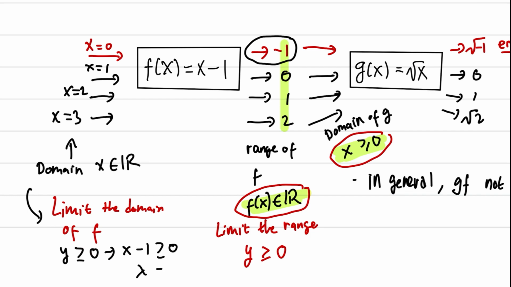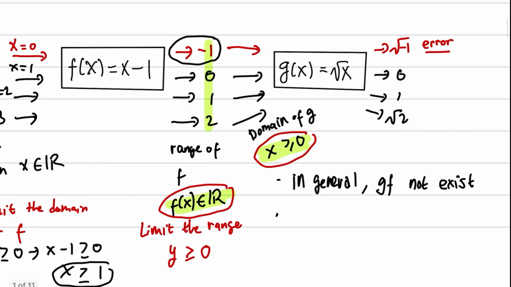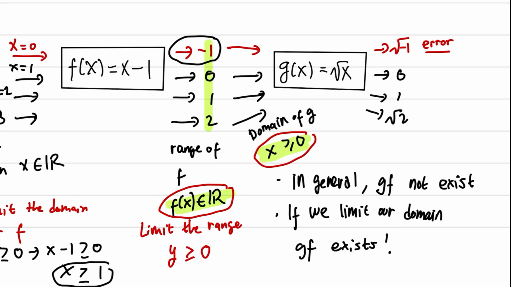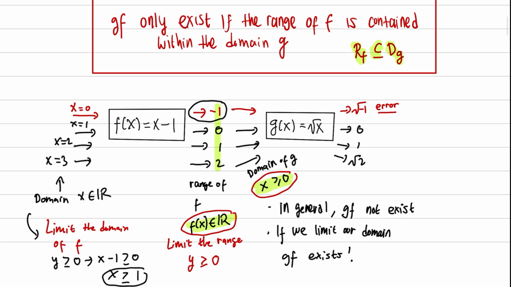So x must be greater than or equal to 1. By limiting or restricting our domain, we can make gf exist. So this is our composite function.